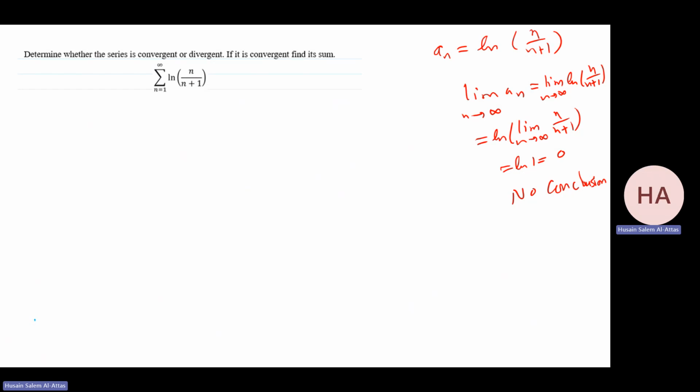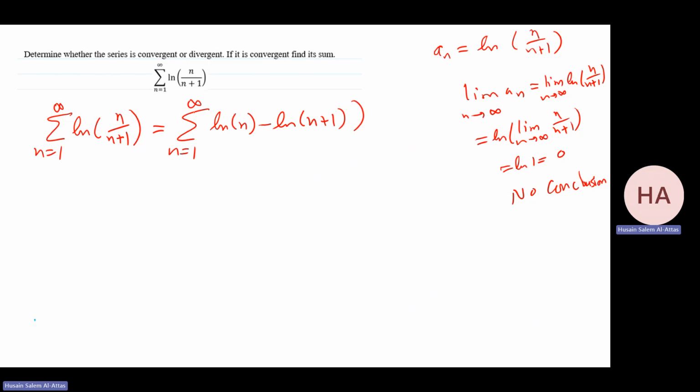So the only thing in my mind is telescoping. Is that telescoping? Okay, let me check. The sum from n equals 1 to infinity of ln of n over n plus 1. We'll use this: that will be the summation from n equals 1 to infinity of ln n minus ln of n plus 1. I know the rule of ln: ln of x over y is ln x minus ln y.